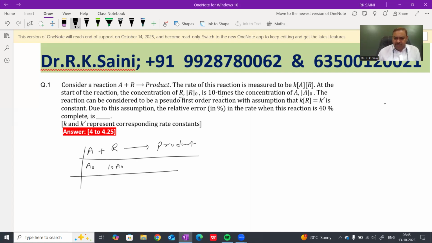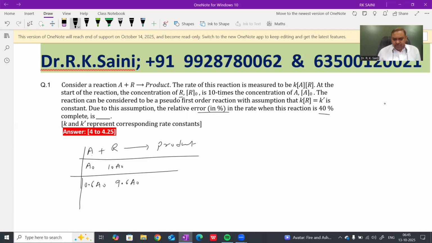After 40%, we find the relative error in rate when the reaction is 40% complete. After 40% completion, the concentration of A becomes 0.6 A node, and the concentration of R is 9.6 A node.